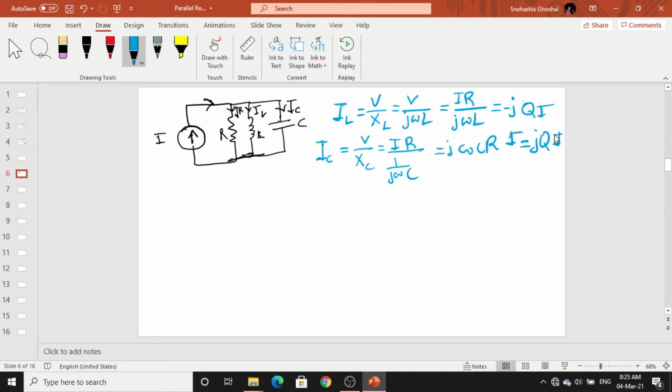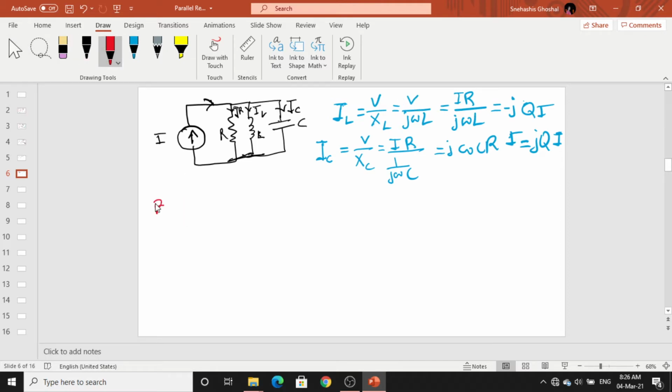Here you see minus jQi across the inductor and plus jQi across the capacitor, and they are equal in magnitude though opposite in phase, hence they cancel each other, giving rise to parallel resonance.